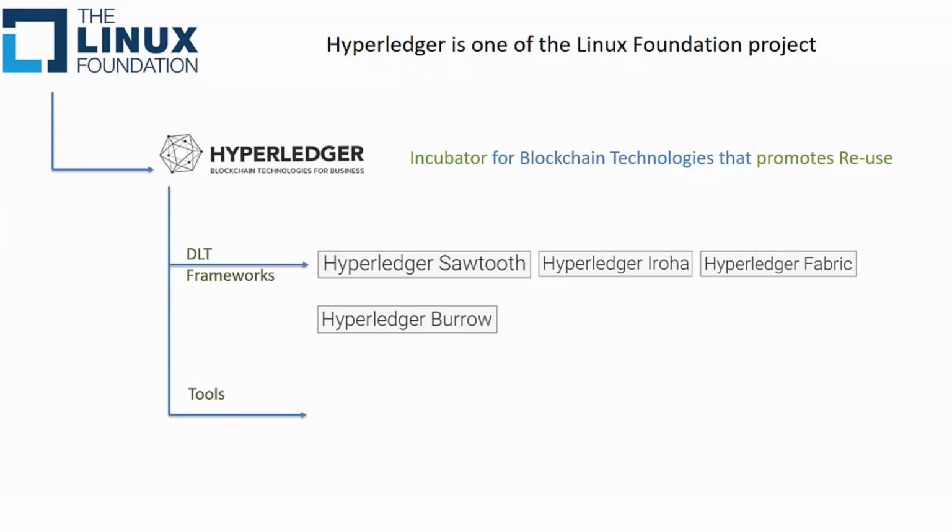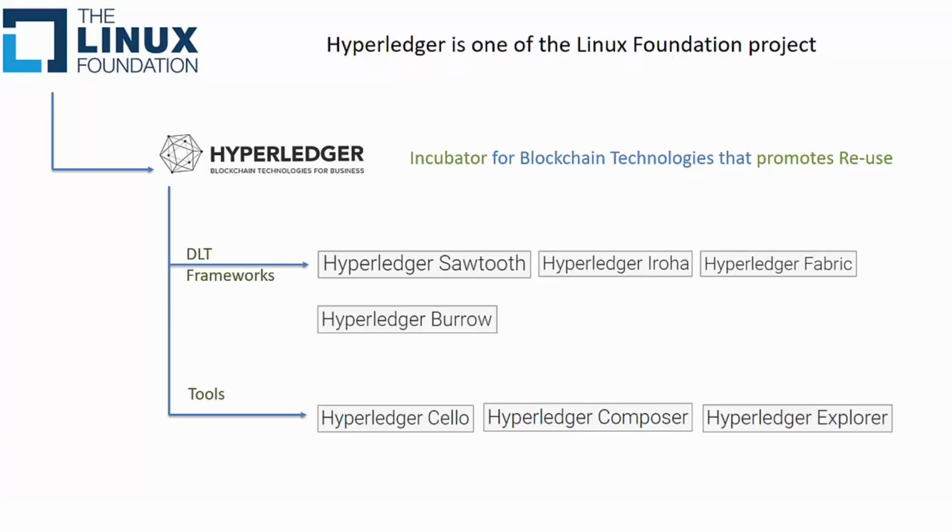Second category of initiative is the tools. There are 4 active tool projects. Cello is an initiative that aims to simplify creation and management of blockchain infrastructure. Composer is for creating business network applications using the high-level Composer language. Explorer provides visibility into an operational blockchain system.